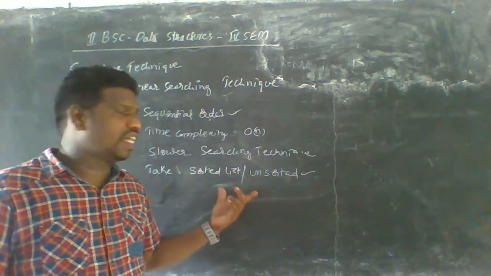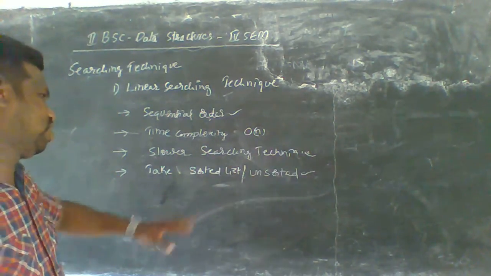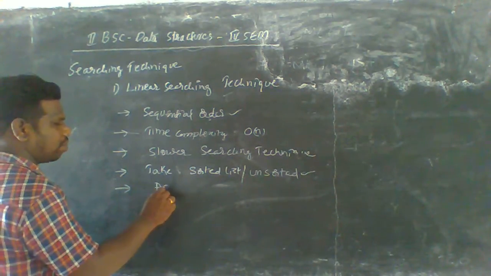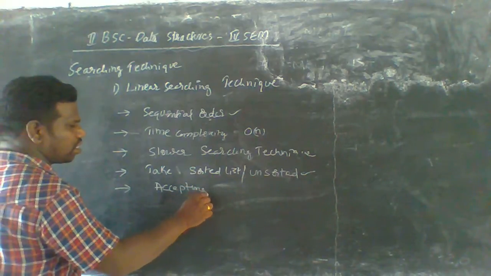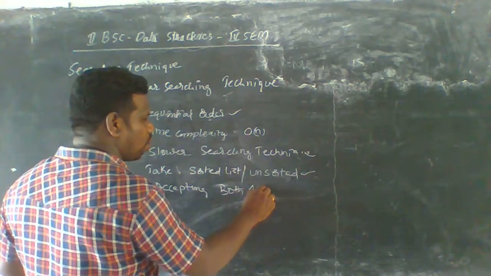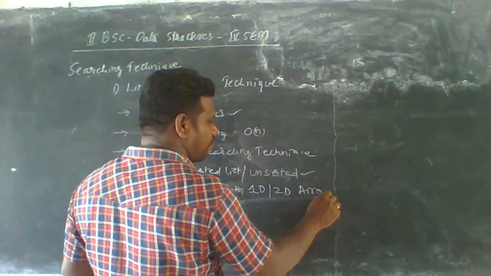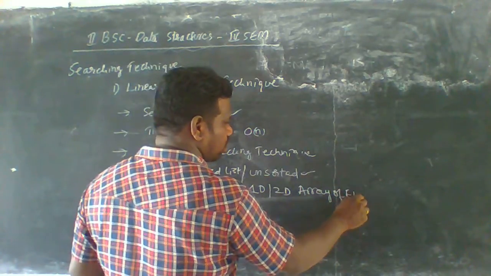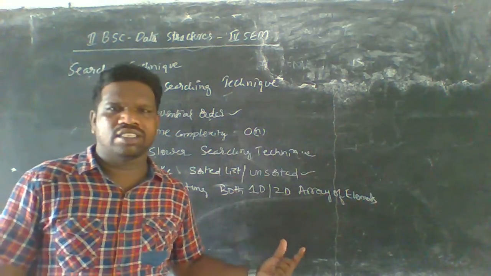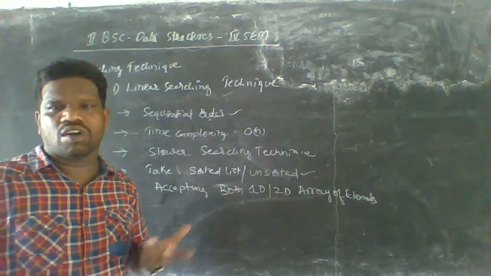It also accepts both one dimensional and two dimensional array elements. That means the linear searching technique can accept either one dimensional or two dimensional arrangements.